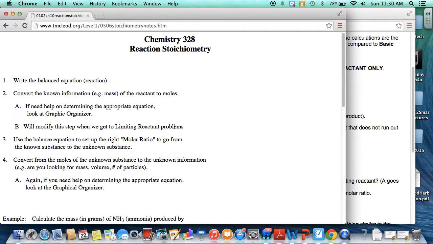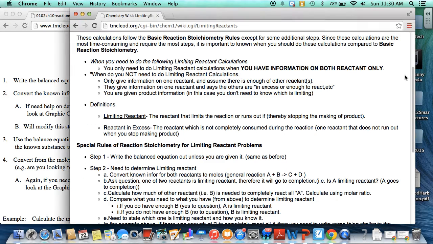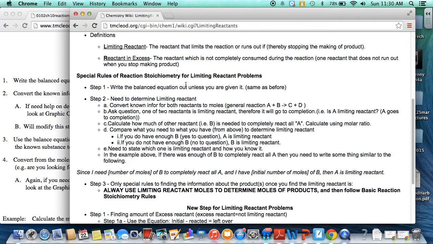So a limiting reactant problem is no different than any other stoichiometry problem, except you first must find which of the two reactants is the limiting reactant before you do anything else. So the steps, again, balanced chemical reaction, and this is the second one. This is the one I'm going to modify. So now we have to figure out which one is limiting. So you convert your known information about both of them into moles.